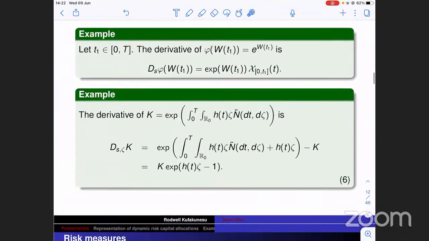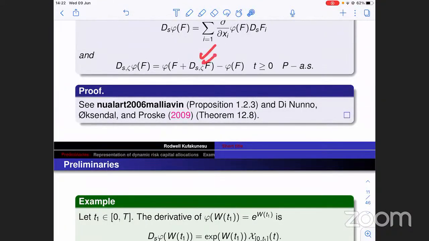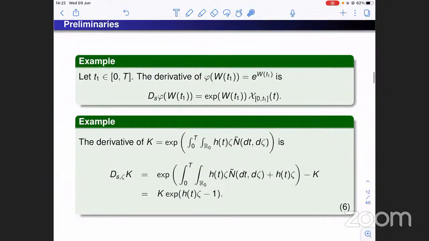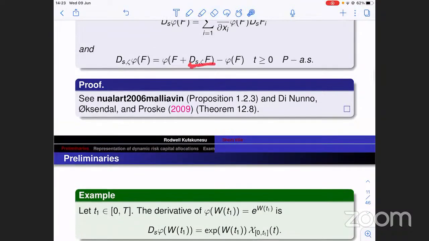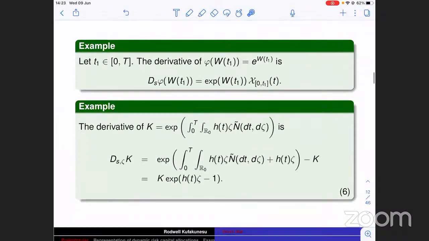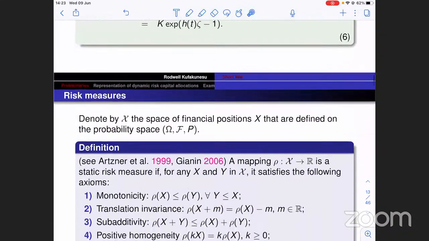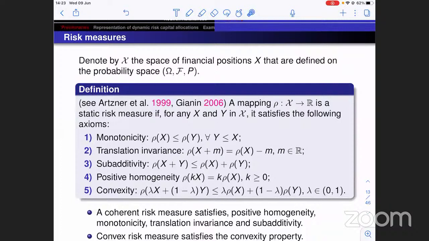Also applying such a property here, if you are differentiating something like a jump term like this, which contains the compound Poisson process, it will come out this way. So it will be f plus the first derivative here minus the function which appears in the integrand minus k, and that's the result. So those are some of the tools we need.